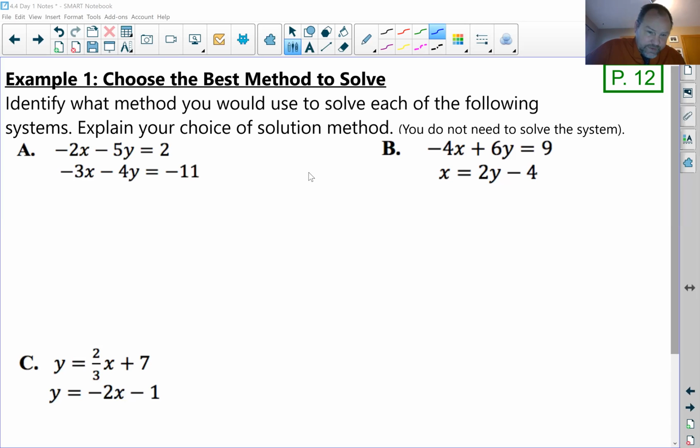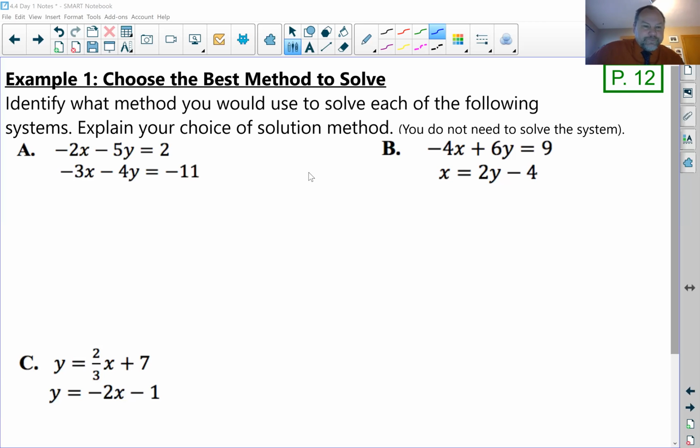Now let's see, I have negative 2x minus 5y equals 2. That's not y equals form. So they're not both in y equals form. I wouldn't use graphing. In fact, if I did try to use graphing, I would have some fractions for my intercepts, and it would be difficult to get an accurate graph.